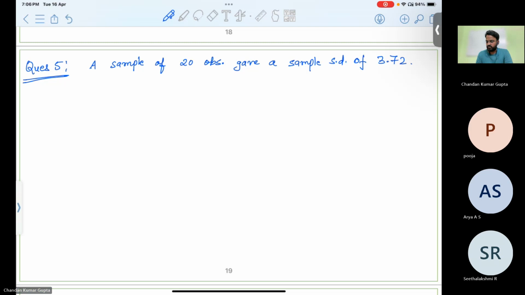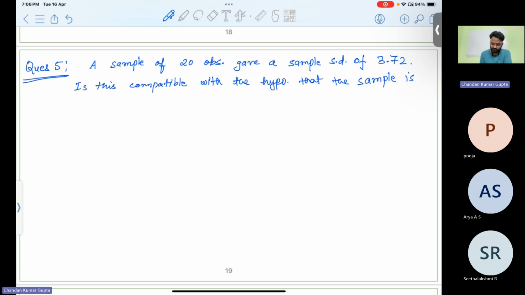Is this compatible with the hypothesis that the sample is from a normal population with variance 4.35 at 0.05 level of significance?